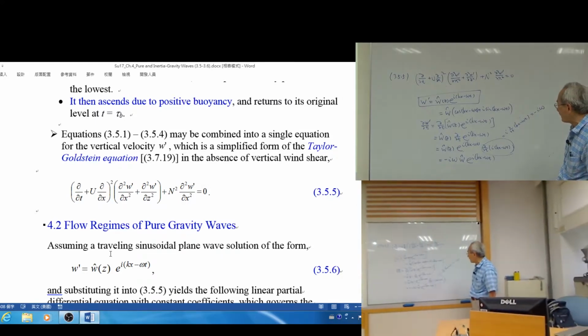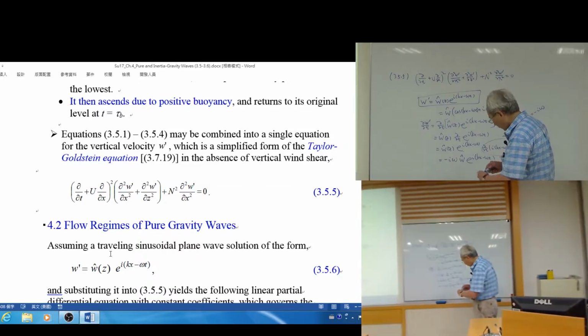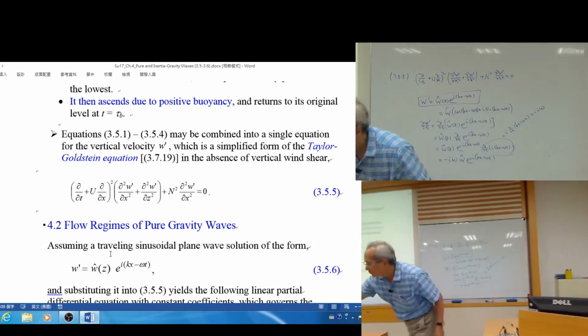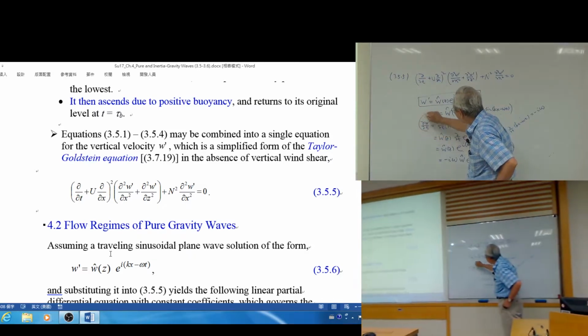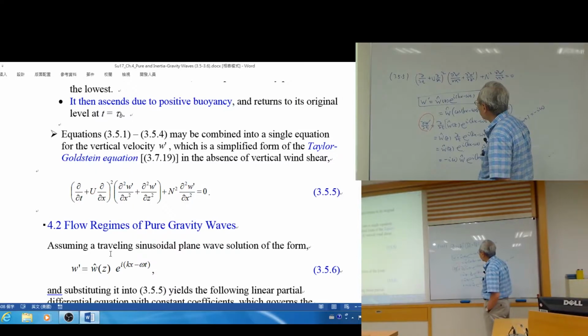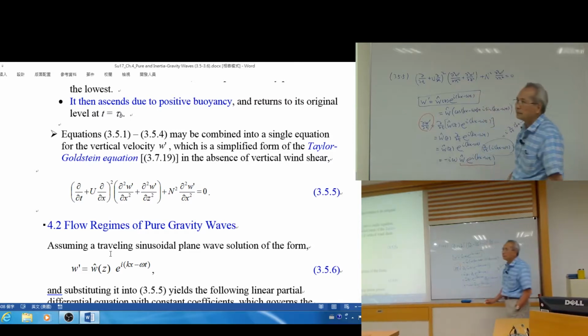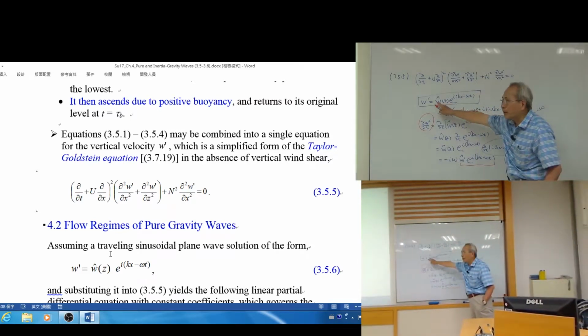As you can see, when you take the w prime dt, we have this. But what's this? That's w prime itself.